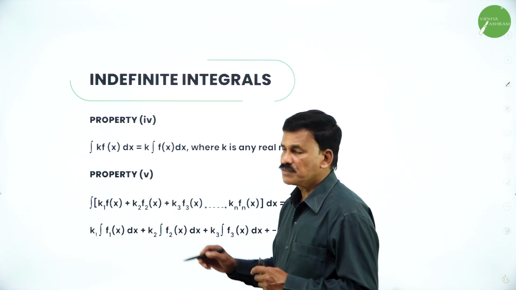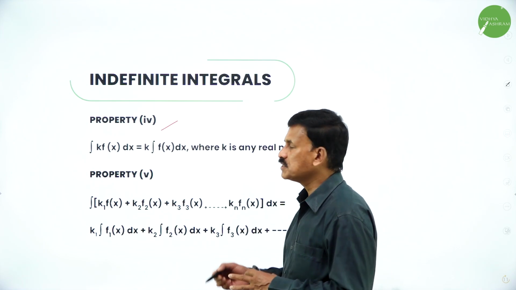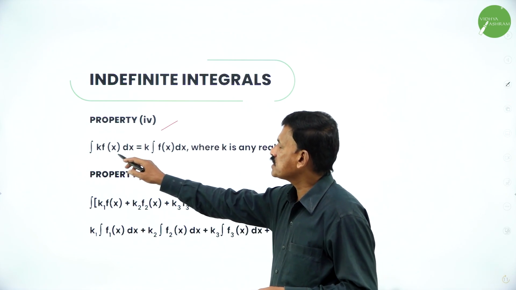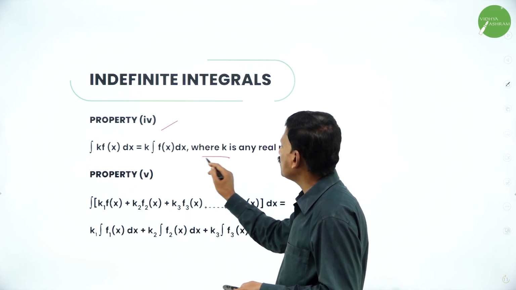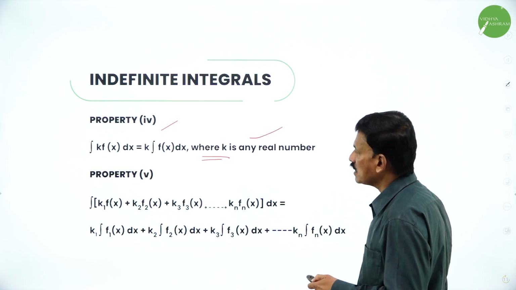Now suppose the function is a constant into a function. Whenever a constant into function is there, we can take the constant out. Integral of constant into f of x dx is also equal to k into integration of f of x dx, where k is any constant, any real number.